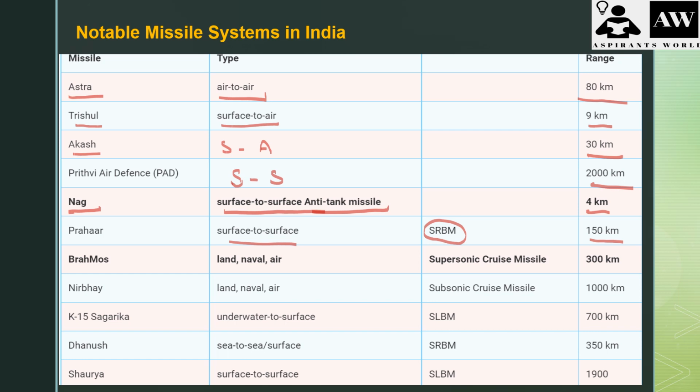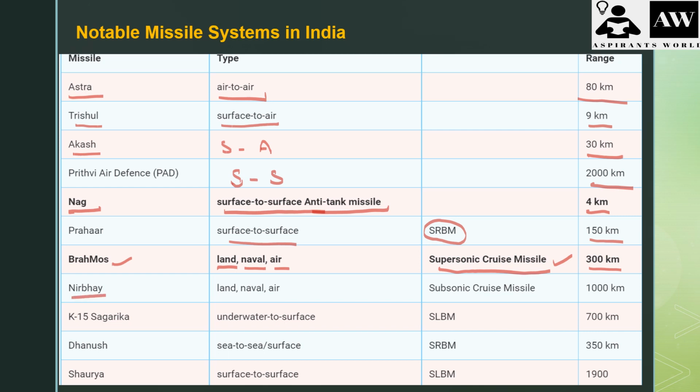And the BrahMos is very famous, and it has the capacity to target land, naval and even air targets, and it is a supersonic cruise missile. It is very important. The BrahMos is a supersonic cruise missile, and its range is 300 kilometers. And along with that, there are other missiles like the Nirbhay.